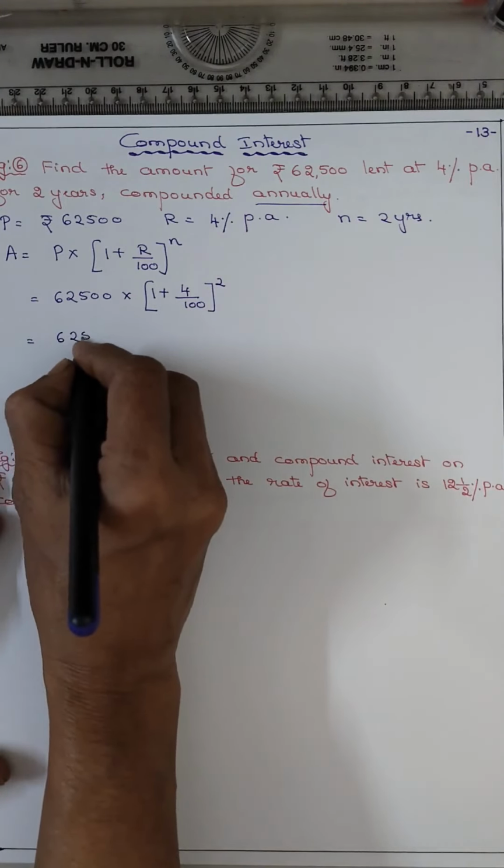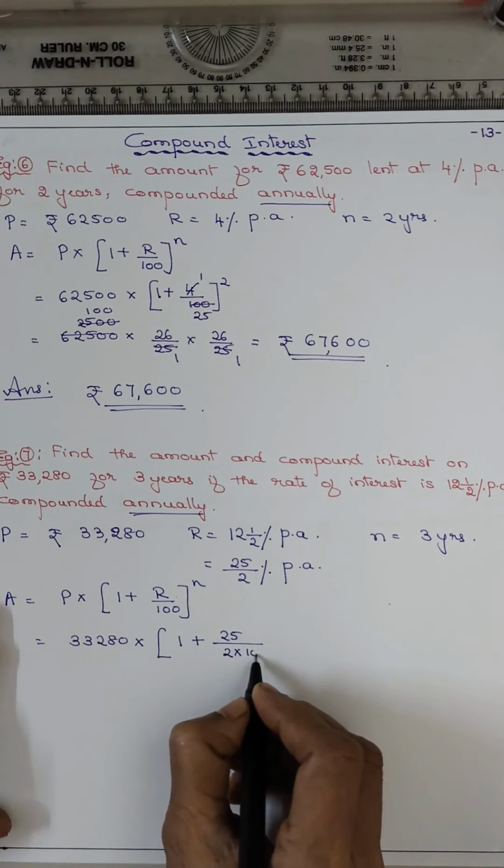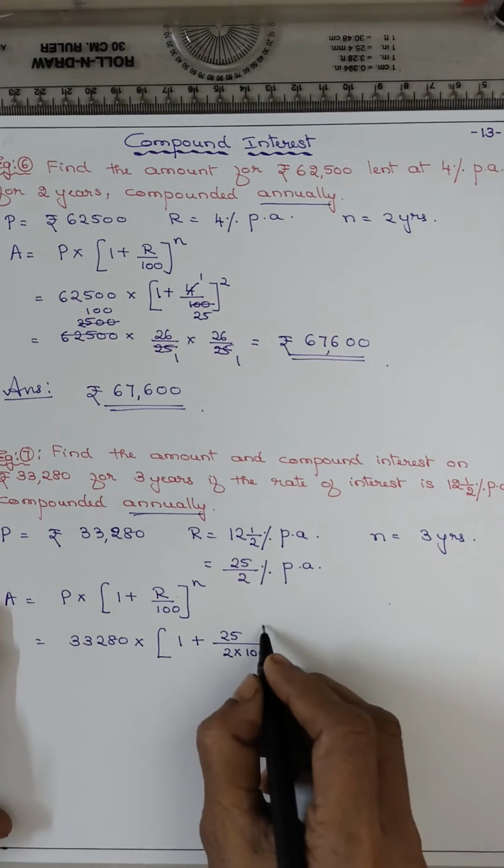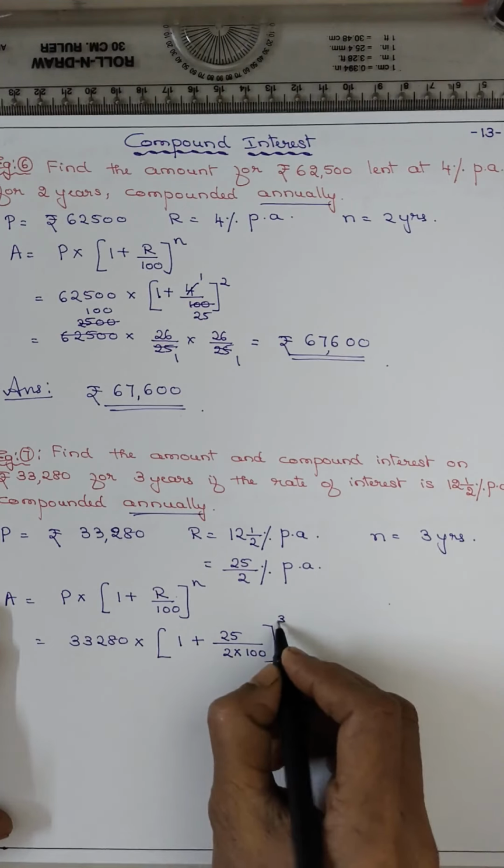So, in CI for time we are writing N, you remember that, isn't it? So, A is equal to P into 1 plus R upon 100 the whole raised to N, 33,280 into 1 plus 25 upon 2 into 100 the whole raised to 3.